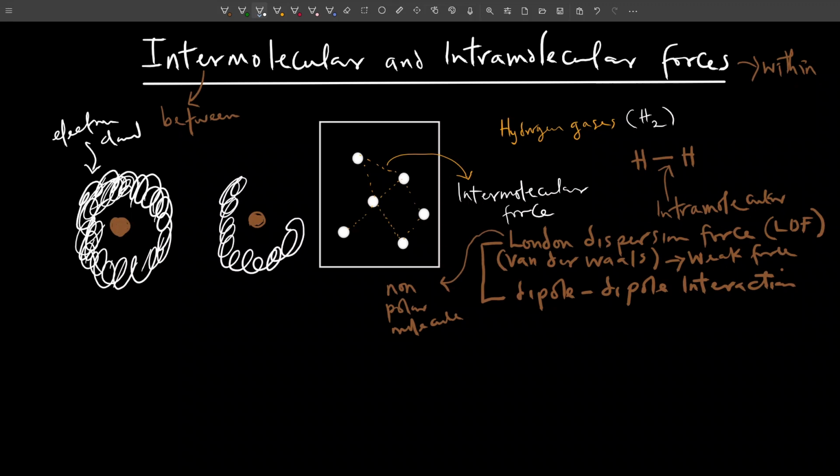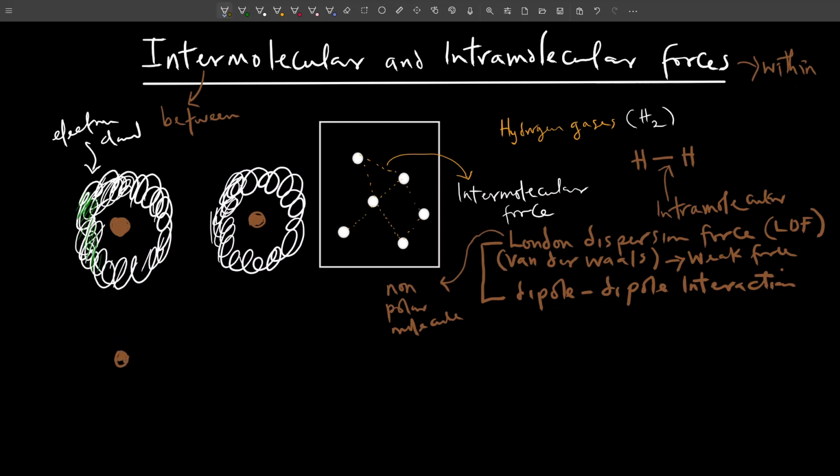Okay, now electrons are constantly moving around an atom in a molecule. Do you understand? We cannot really tell the position at which the electrons will be. So at a particular time, they might be clustered in a particular region. There may be more electrons in this region than in this region.